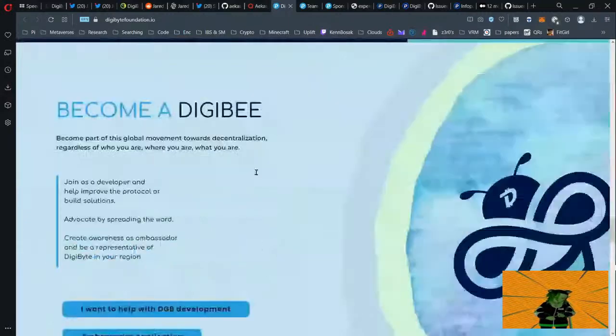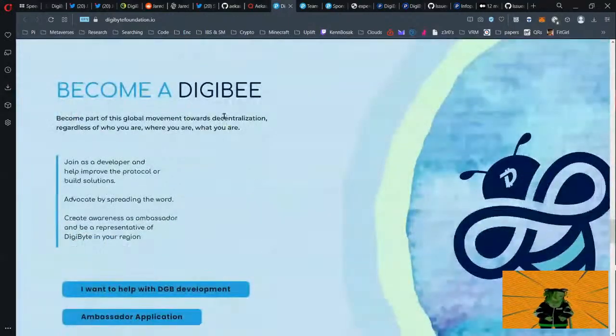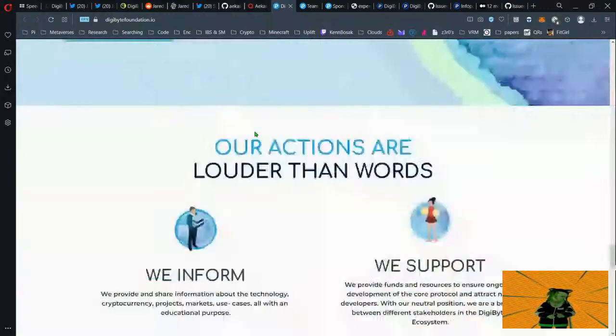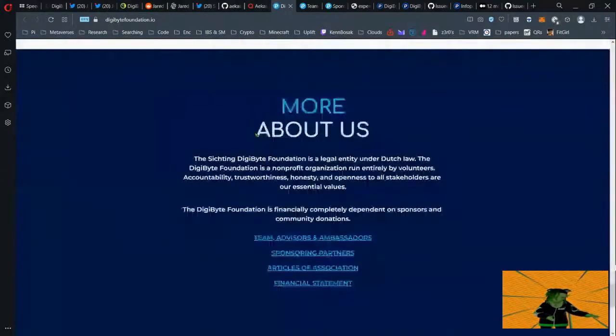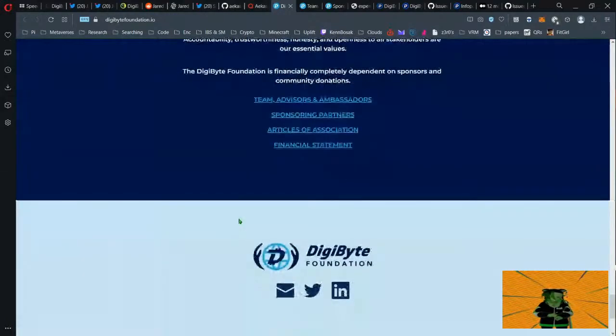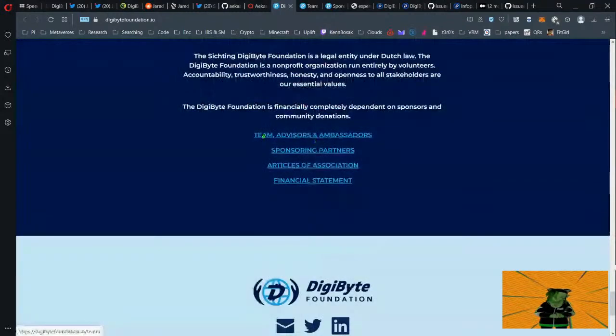They have all the same talking points. More of it, though, is about outreach, getting people to get involved, but they do something really nice. Here we can see the team, the sponsors, articles about it, and we can find their financial statement up front.